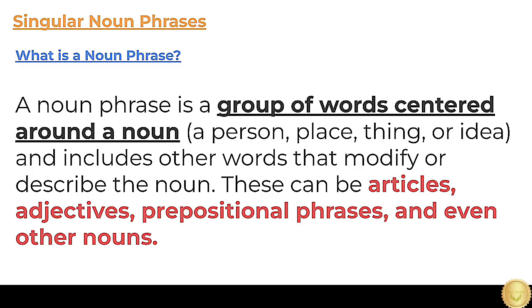So articles are the, an, a. Adjectives are describing the noun, so beautiful, amazing. Prepositional phrases are describing the relationship between the different parts of the sentence, so it might be on, in, above, and in fact other nouns as well.